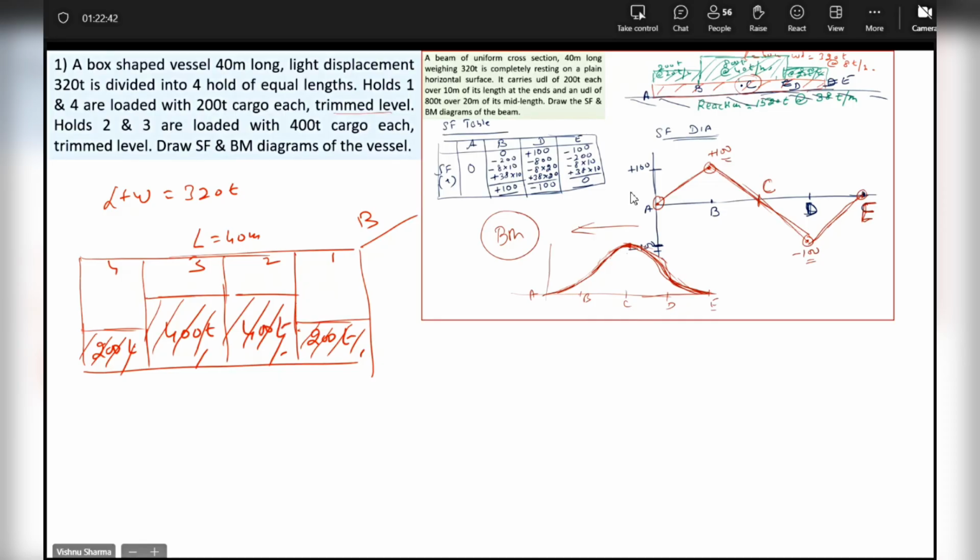Now, first and foremost, if you say the light weight of a ship is not uniformly distributed along the length, you are absolutely right. Why? Because somewhere you will have the windlass, somewhere the cargo gear, somewhere the pump room, somewhere the machinery space. Weights will be concentrated in different portions.